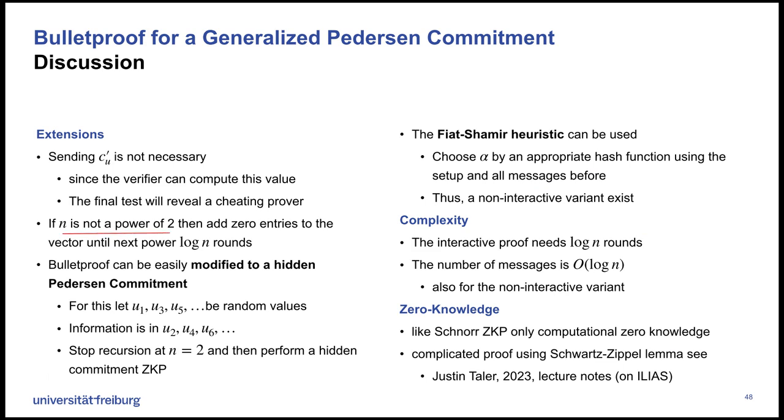Now, if n is not a power of 2, just add zeros. Okay, that's also easy. And we can easily modify this to a hiding Pedersen commitment. Very easy, because what you do is that the odd ones are random numbers and the even ones have information. And every time you fold it, you have one of them left until the last step, and then you do the hiding proof at n equals 2.